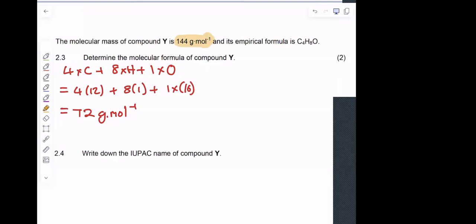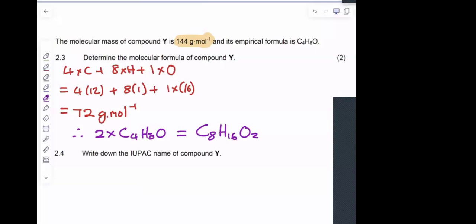Meaning our final answer is going to be, therefore, 2 times C4H8O, which is going to give us C8H16O2. Hope that makes sense, guys.